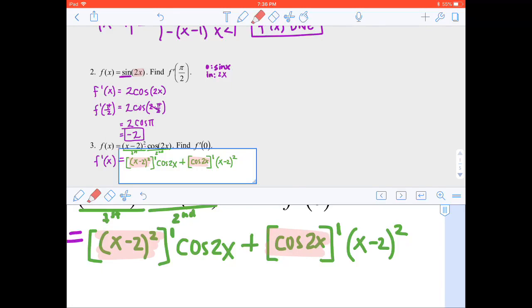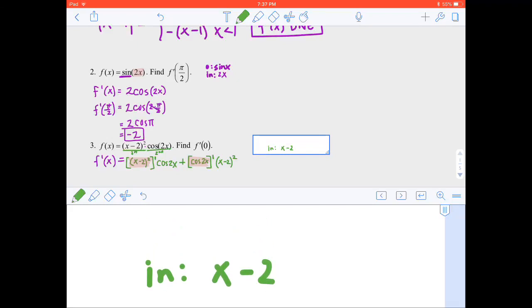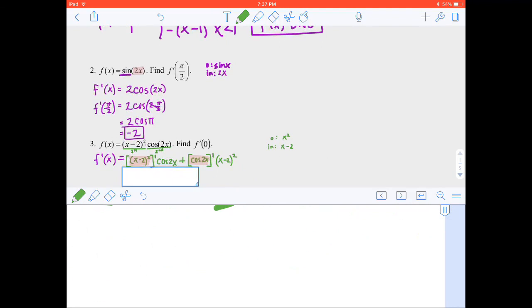So x minus 2, all squared. I need to take this. X minus 2 is my inside, and x squared is my outside. It's a chain rule. So the derivative of the outside is going to be 2x. Keep the inside, times derivative of the inside.